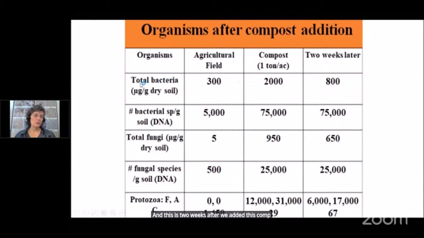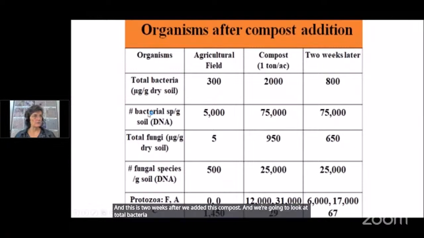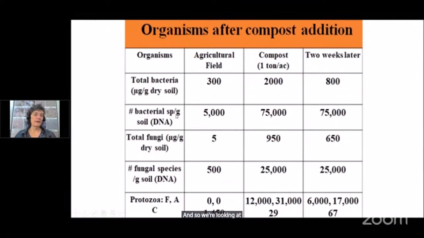And we're going to look at total bacteria. We were doing metagenomics on these populations in the soil and in the compost. So we're looking at the number of bacterial species per gram of soil using a DNA analysis.